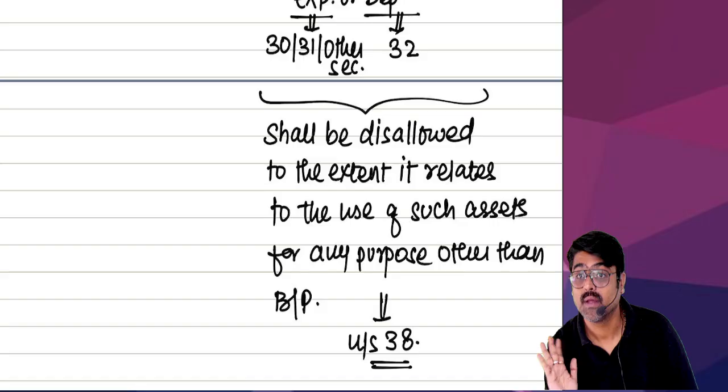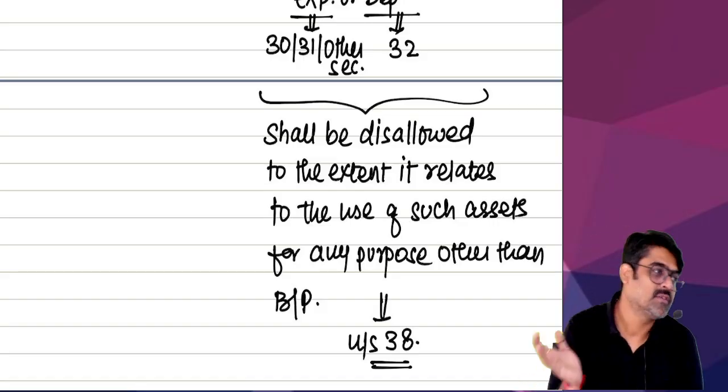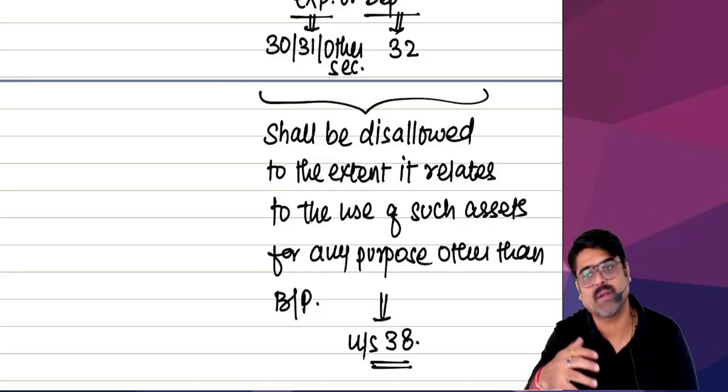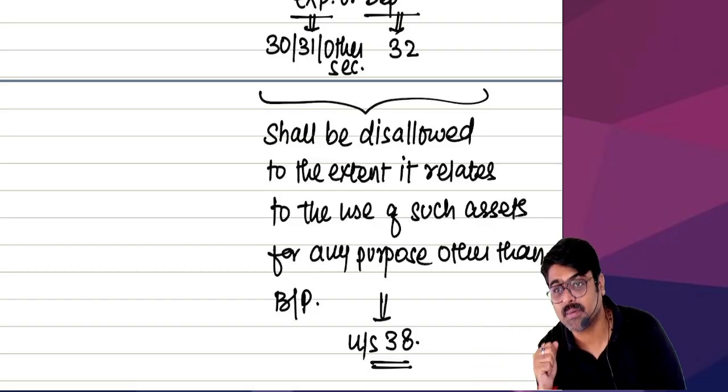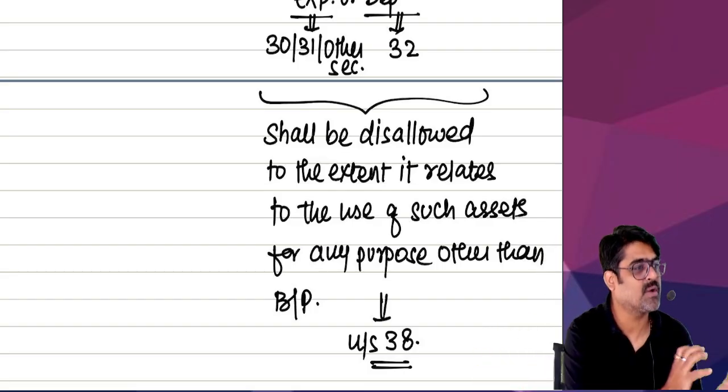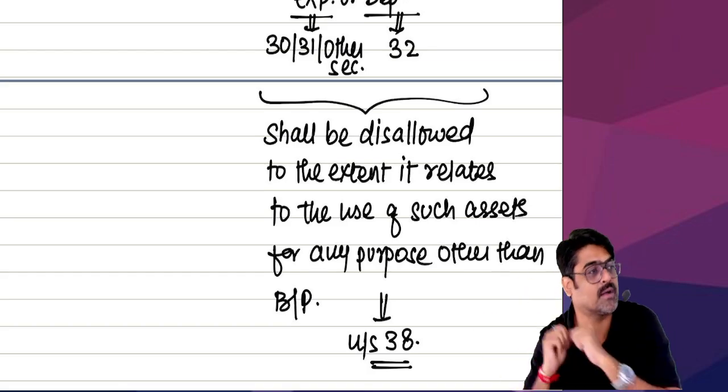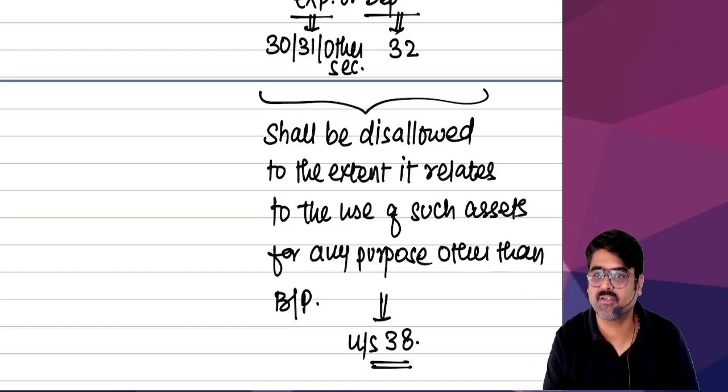Yes or no? But sometimes it is used for personal purpose, sometimes for business purpose, or some part is used for business purpose and some part for personal purpose. Yes or no?